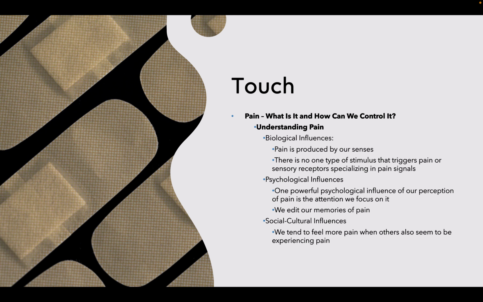Psychological influences. One powerful psychological influence of our perception of pain is the attention we focus on it. The more attention we focus on our pain, the more we are going to be able to feel the pain. If we are able to ignore it, then it's not as bad. For example, if I have a headache at work, and we're busy, I don't notice it as much.